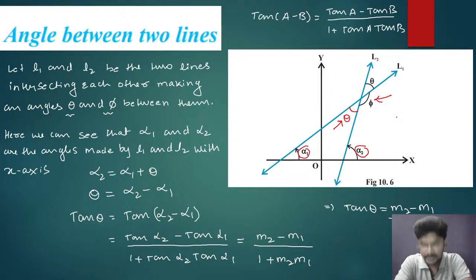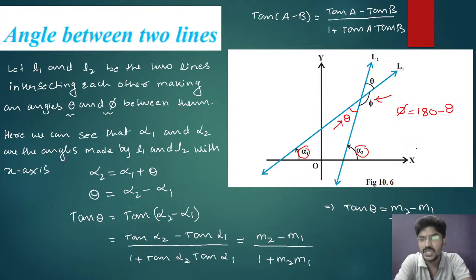Please tell me, using this theta, what is phi equal to. We found tan theta. Now we have to go for tan phi. Using your diagram of L1 and L2, please tell me what is phi. It will be 180 minus theta.